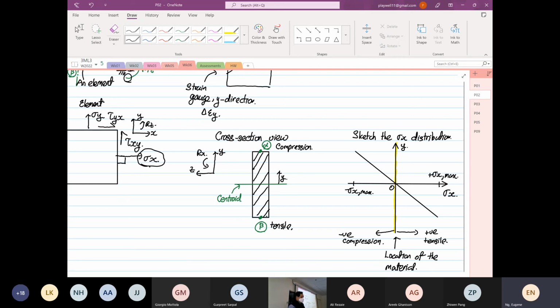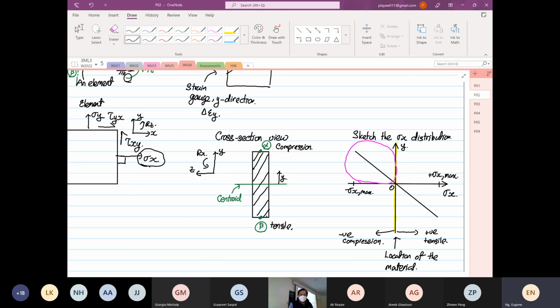Now, next, I want you to sketch the vector of the stresses. So what do I mean by that? I'm going to focus on this region now. We know that this region is going to induce a compression.